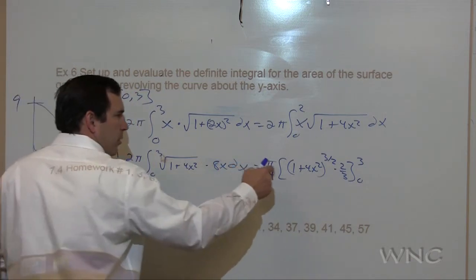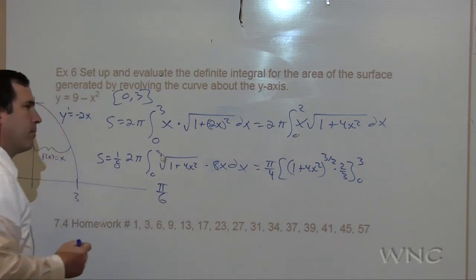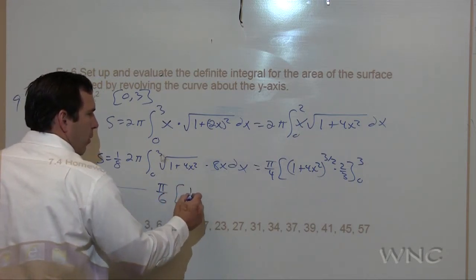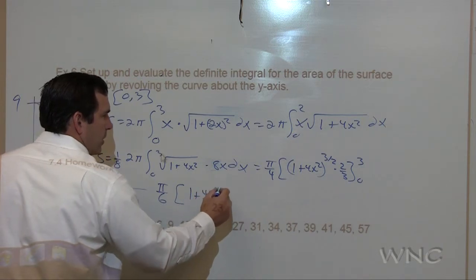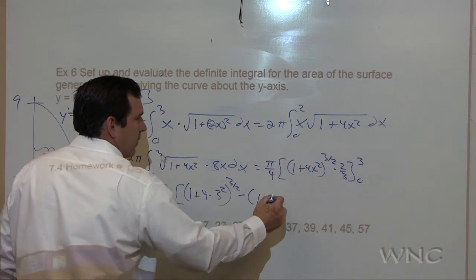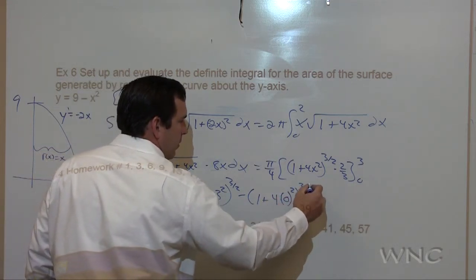Okay, so 2/3 times pi over 4, I believe is pi over 6, times 1 plus 4 times 3 squared to the 3/2 minus 1 plus 4 times 0 squared to the 3/2.